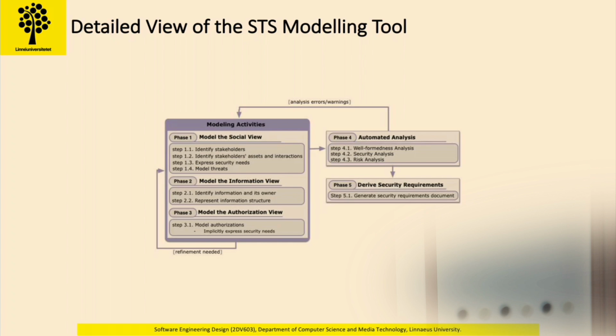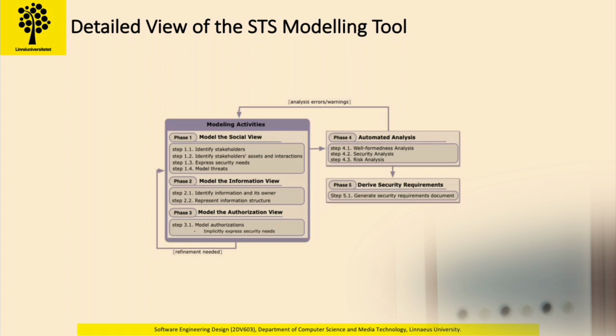Assets are information or documents, and the interactions, so how or why those agents or roles interact. Once you have the interactions and the information or documents, you express the security needs over them. And you can also model the threats. Threats are events.